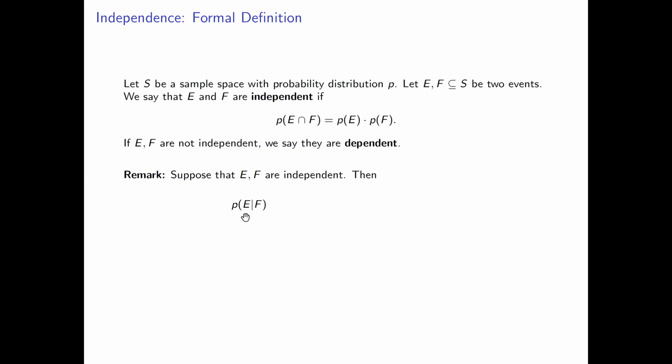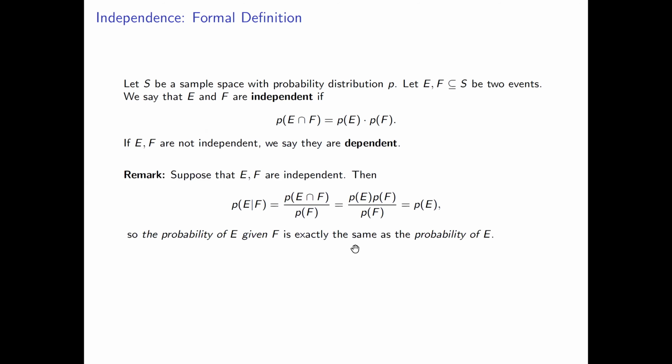We can actually check that this is true formally. If I use the formula for conditional probability, it's equal to the probability of E intersect F divided by the probability of F. But if the events are independent, I can replace the numerator by the product, probability of E times probability of F, and then those terms cancel out, and I just get the probability of E left over.